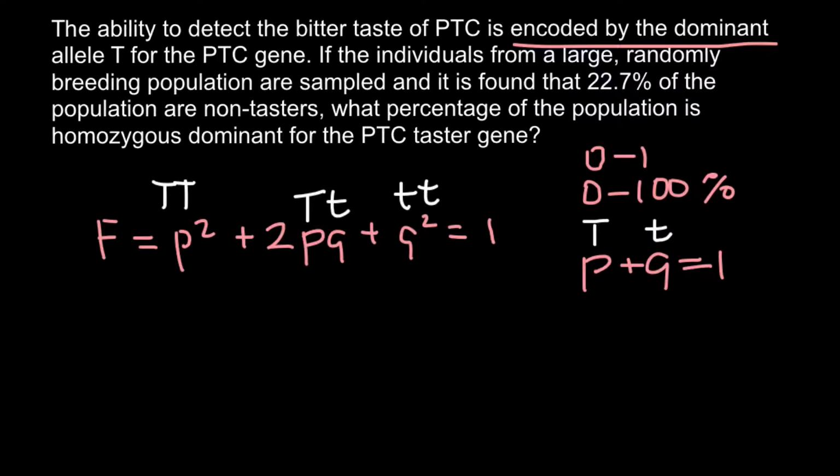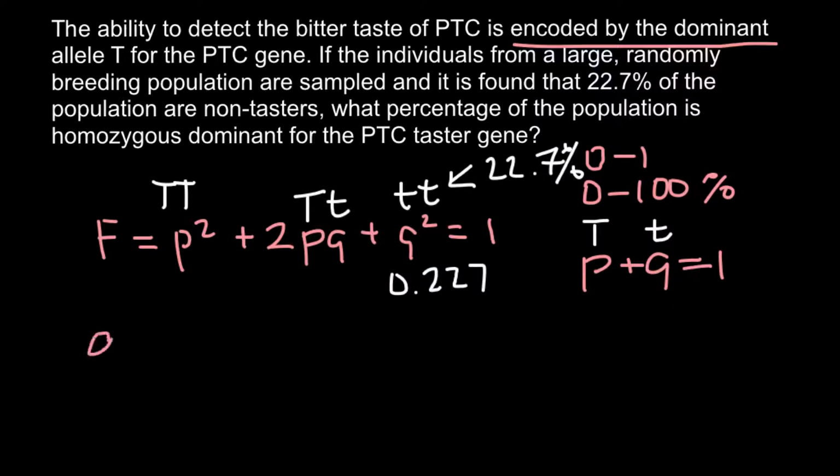On the scale from 0 to 1, the frequency of this genotype would be 0.227. And if we know the frequency of q squared, we can find the frequency of q.